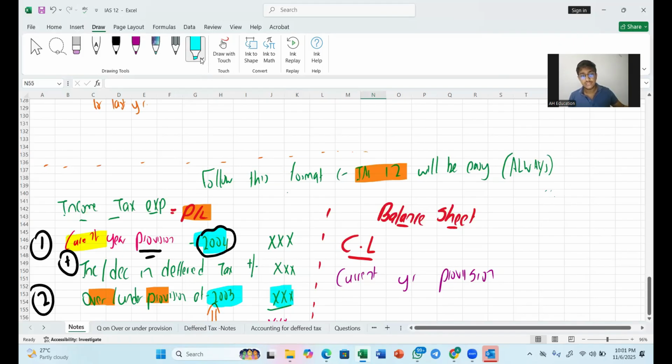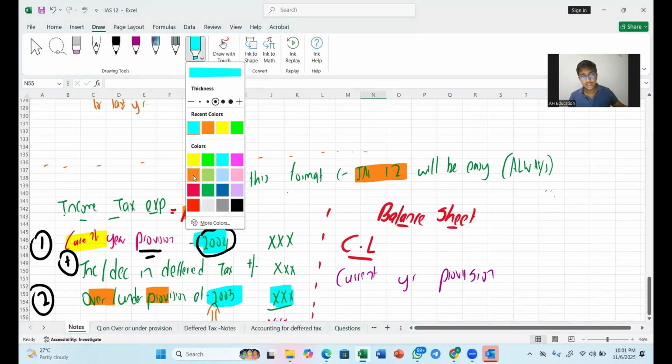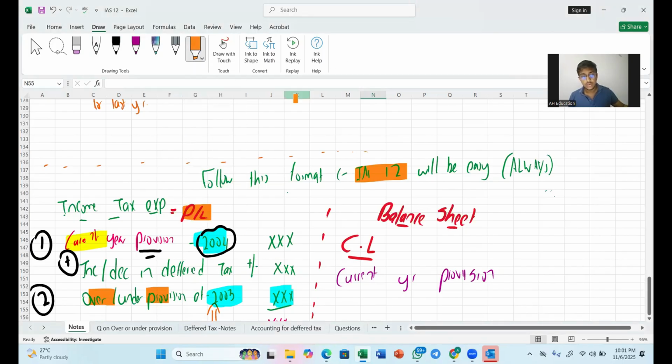After that, finally, you all will be coming with something called deferred tax adjustments. Okay, don't worry, that part I'll come to in a bit. For now, what you all need to know is in terms of your current tax expense, there are only three line items. One, you bring in your current year provision or current year payable.